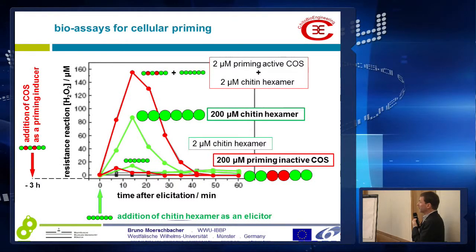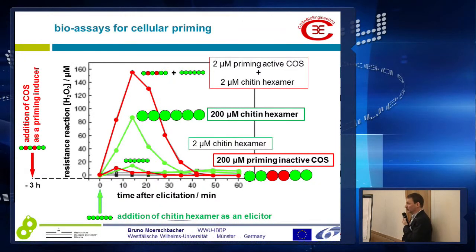If we use a different chitosan oligomer, again, this is not the true one, but one which has the same degree of polymerization as the active one, the same degree of acetylation as the active one, but a different pattern, it's completely inactive. Even if we use it at high concentration at the time of priming, there's no effect on elicitor activity. So yes, the pattern of acetylation matters.